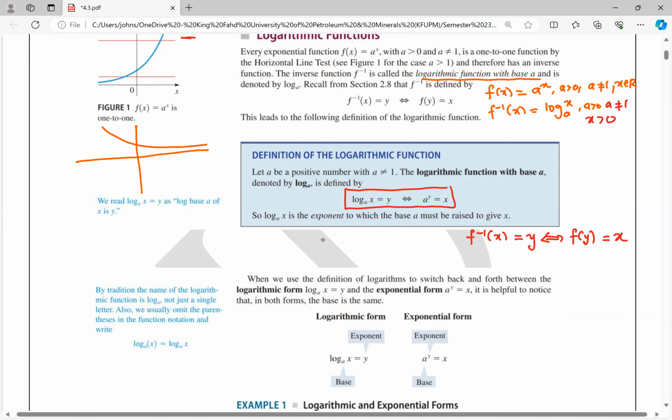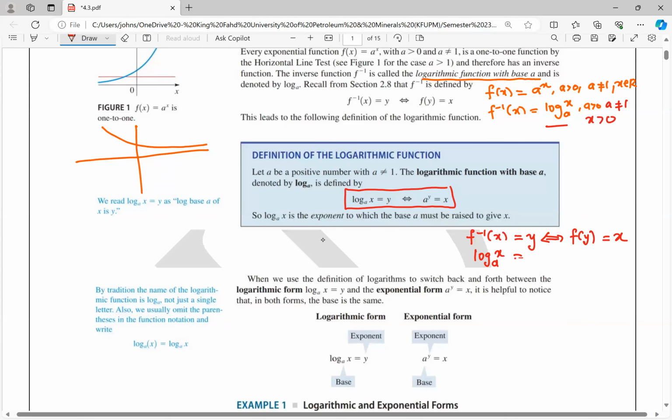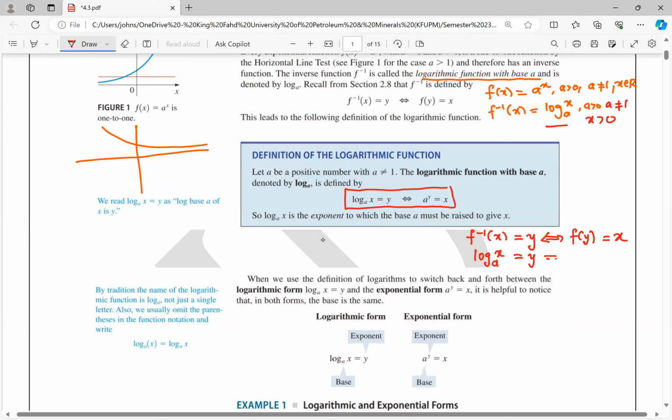This is a true statement. And this comes from 2.8. But what is f inverse of x? It's log to base a. So we can write it as log to base a of x equals y is equivalent to what?